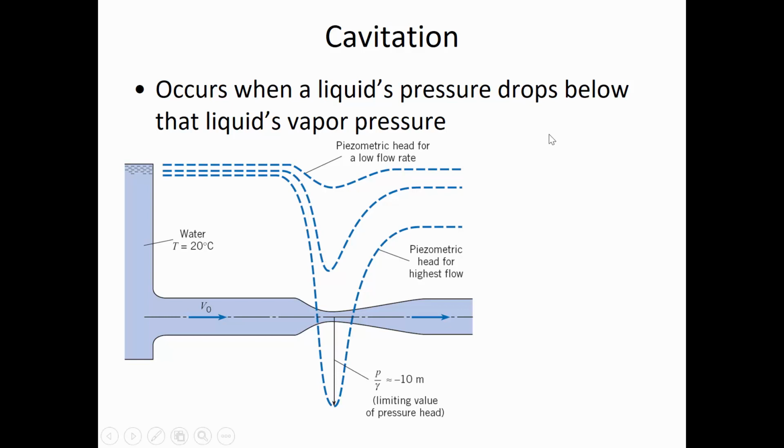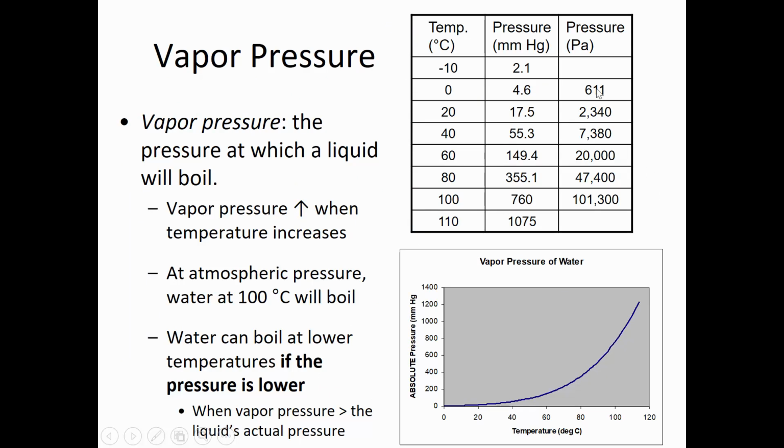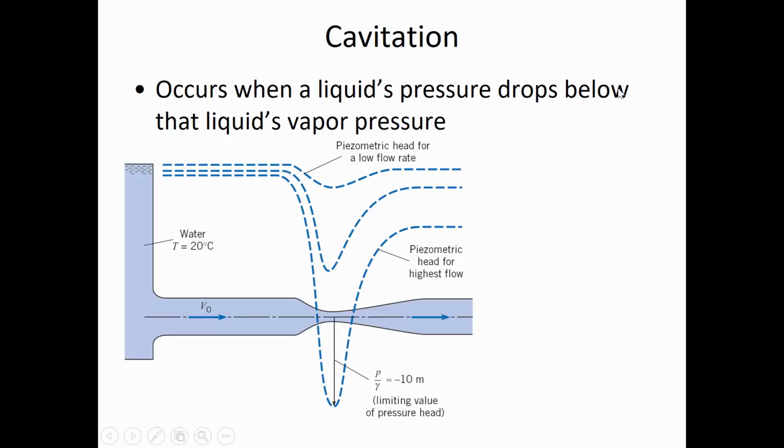And so sometimes we solve these problems on an absolute basis because we have vapor pressure on an absolute basis. These pressures in terms of pascals, so the vapor pressure of water at 20 degrees Celsius is 2340 pascals. That's absolute. That's relative to 0, relative to a vacuum as the 0 point for these vapor pressures.